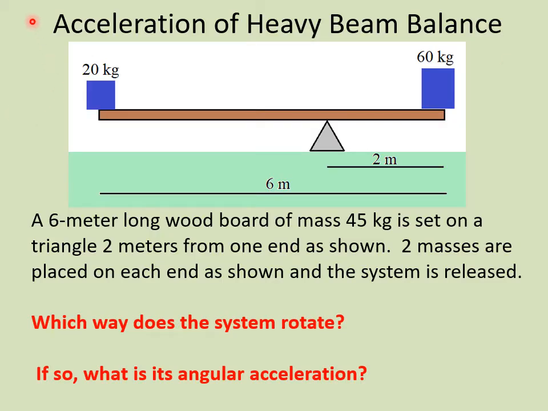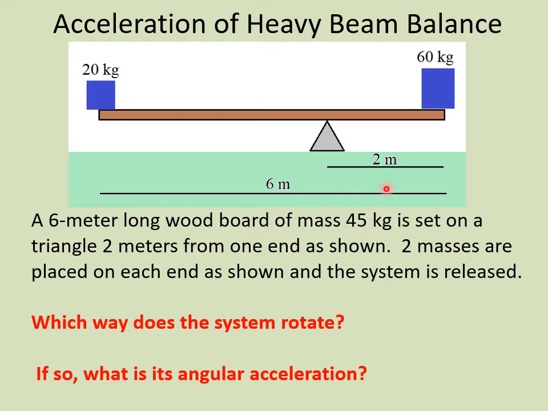So now let's modify this problem a little bit, and let's do it for a heavy beam balance. In other words, the only difference between this problem and the last one is now we're going to assume that this beam here is a big, heavy, thick piece of wood, a long board that has a mass of 45 kilograms.